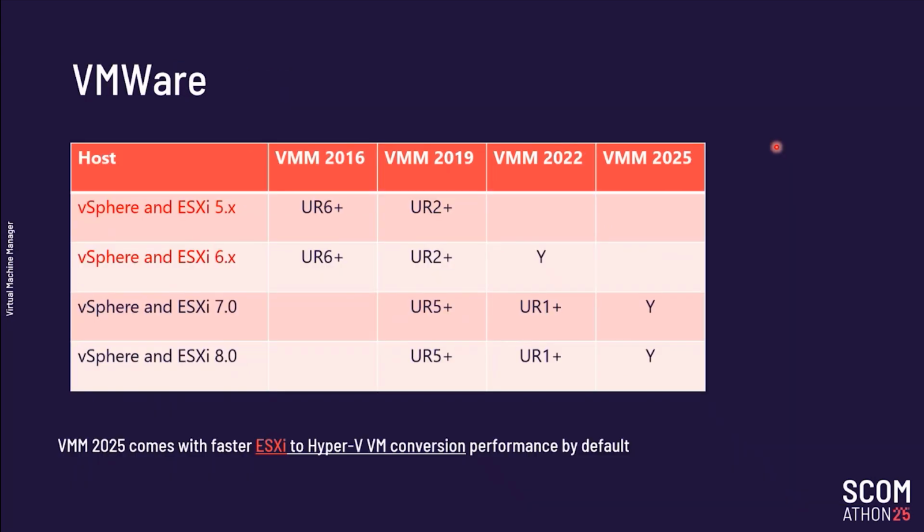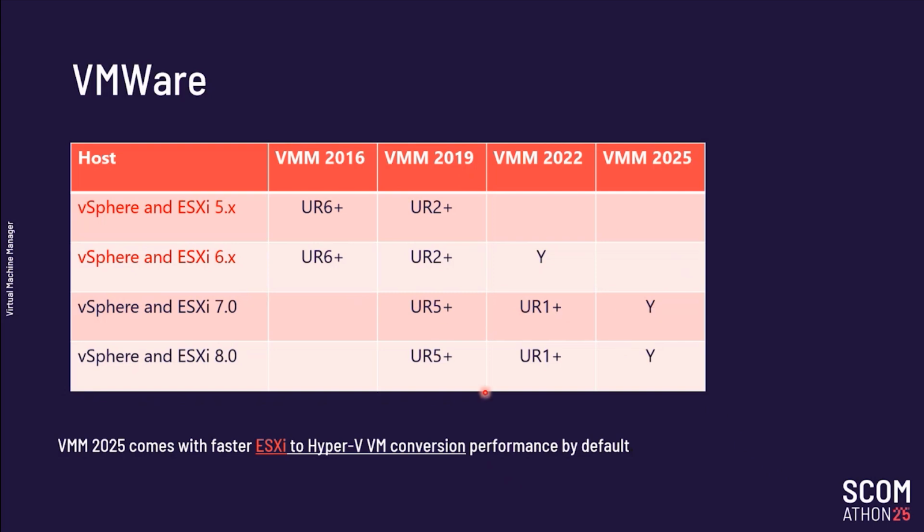VMware. VMware has been talked about a lot because we know it has been acquired by Broadcom, and the vSphere and ESXi versions are going to new release cycles. And I suppose many are on 7 or 8. Both are supported with 2022 and 2025.